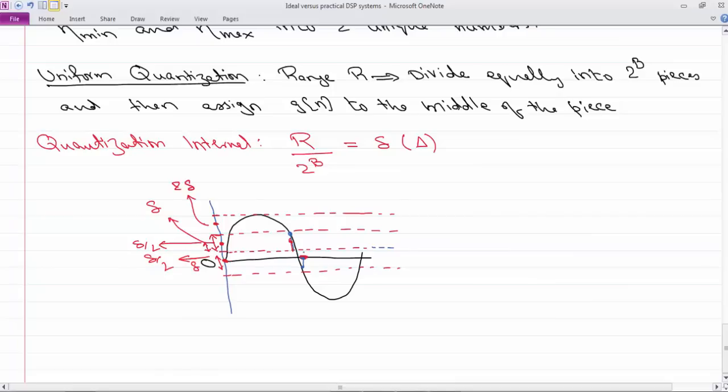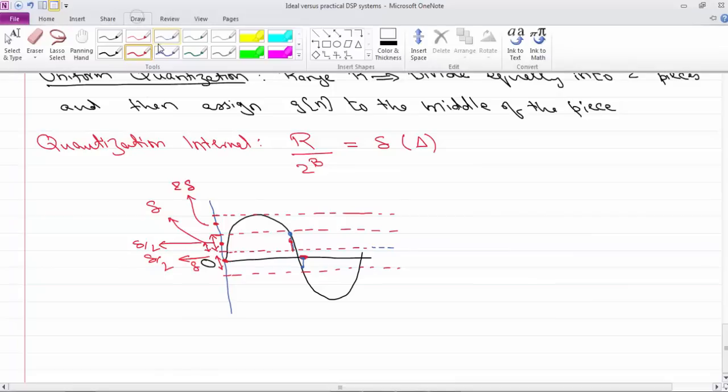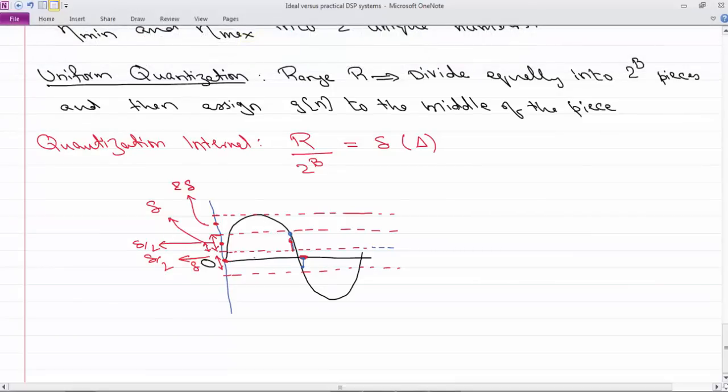Okay, so again, the same principle. You take a sample. Let's say you took a sample at this point. This was your value. And what your ADC will do is record the 2 delta number. Similarly, you will have a next block here, and this number will be minus delta.